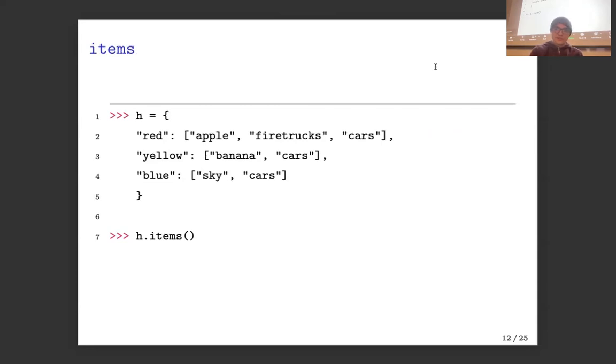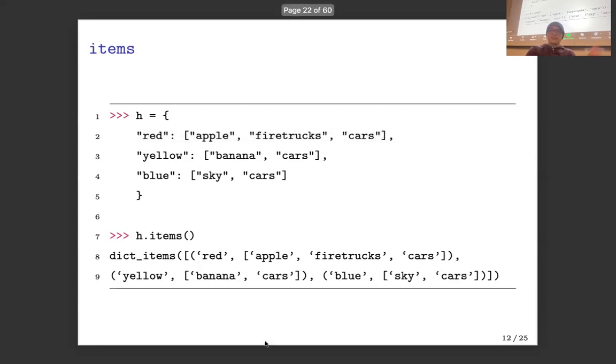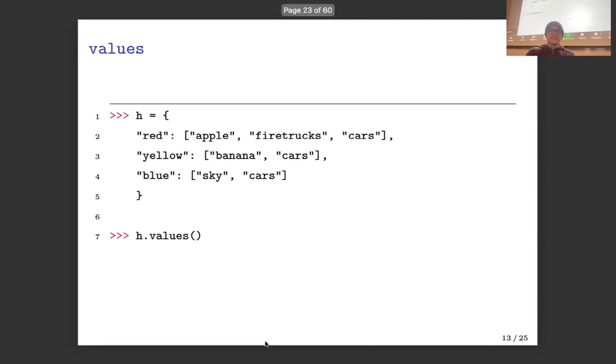Here's the nomenclature for these things, or here are some methods for dictionaries. We have an items method, a values method, and a keys method. Each of these individual elements here is called an item, the key value pairing. If I ask for all of the items, it's going to return a list to you. You don't ever really need to use this. The same thing for the values. The values here are going to be everything on the right-hand side of a key.